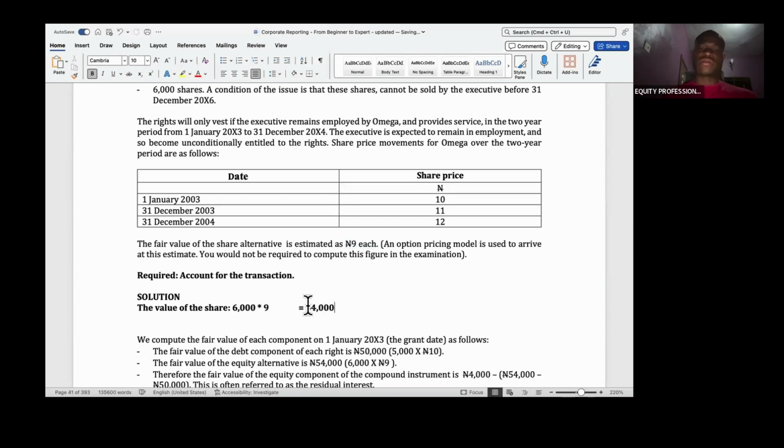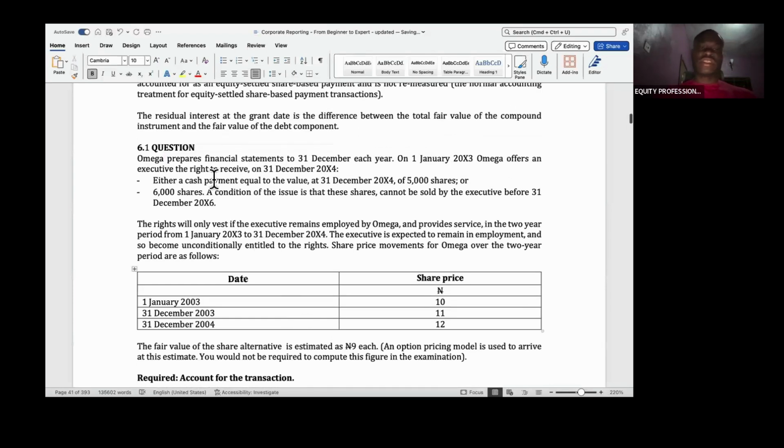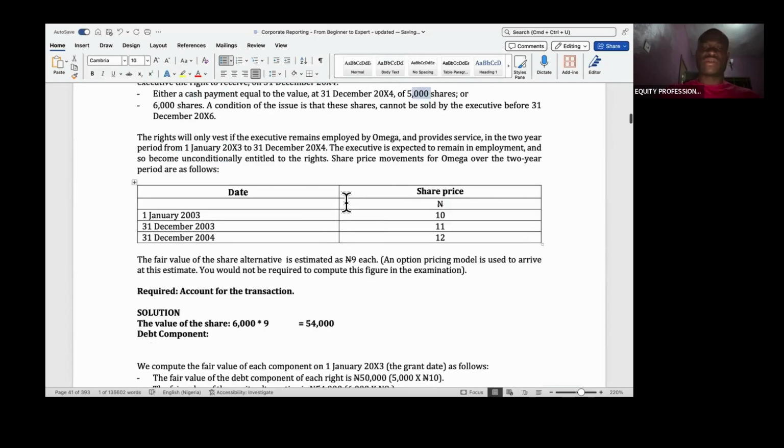This 54,000, we'll then split into debt first. We need to get the debt component first, then the balance becomes equity. The debt component, which is the one that is cash settled, is the cash equivalent to the value of 5,000 shares.